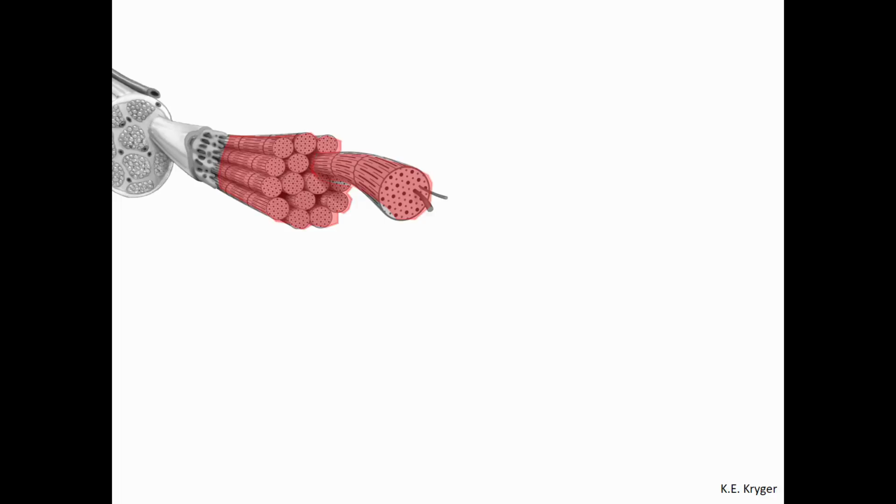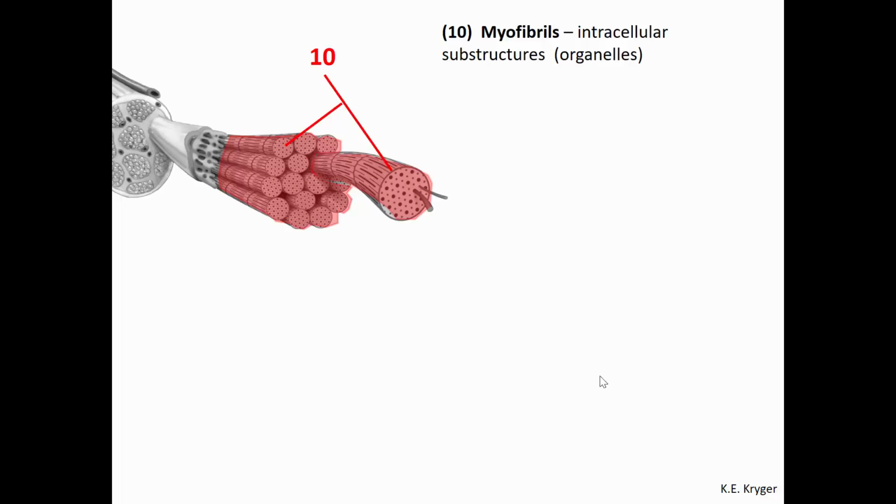Then we have our next structures, right? These are specialized intracellular structures, i.e. organelles. And these are going to be number 10, which is the myofibrils. Myofibrils, myo, muscle, fibrils means little fiber. They're just intracellular substructures.